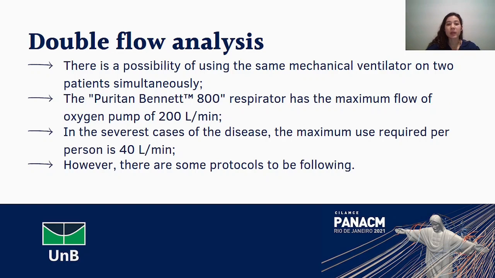The pre-ABNT 800 respirator has the maximum flow of oxygen pump of 200 liters per minute. In the severe case of the disease, the maximum use required per person is 40 liters per minute. However, there are some protocols to be followed, which is that the patients must be in similar respiratory clinical conditions.